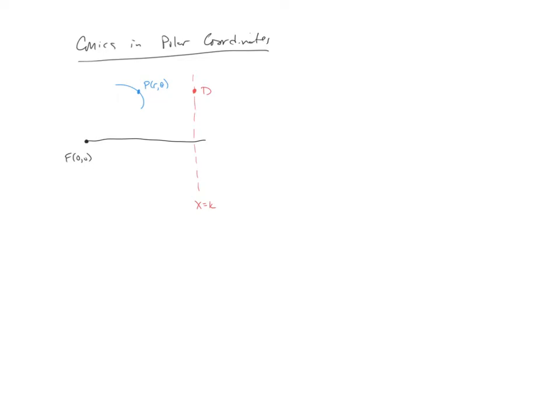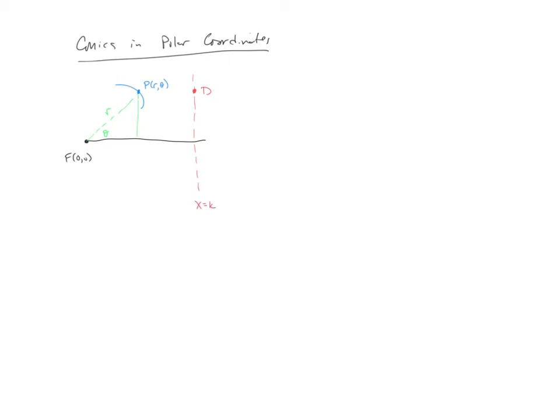Now, in order to come up with the equations for these conics in polar coordinates, I'm going to construct a triangle. My triangle is going to come out of the focus into the point, and then I'll drop down to my perpendicular. We'll call this side r, and we'll call this angle theta, to no one's surprise.